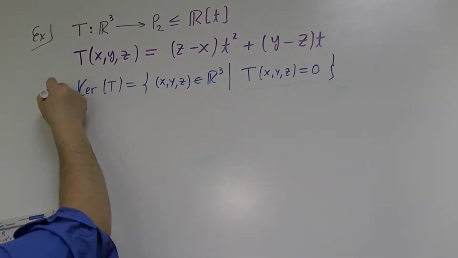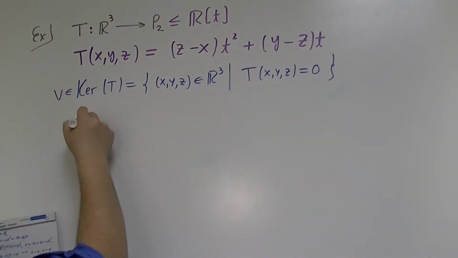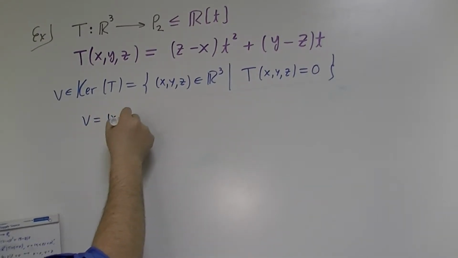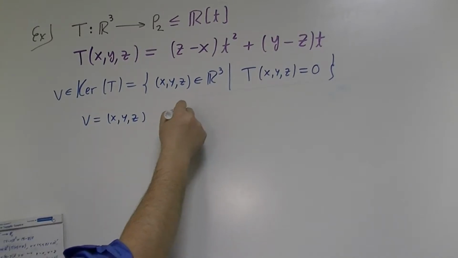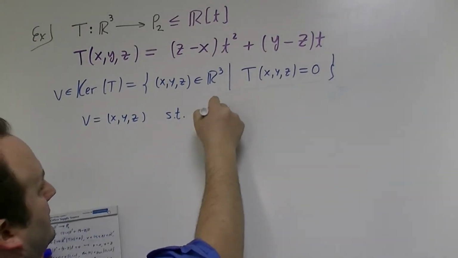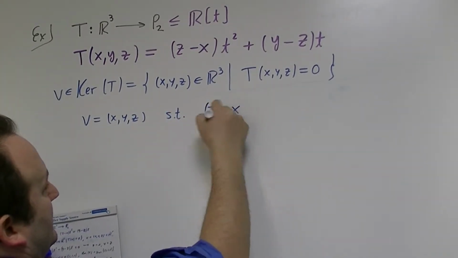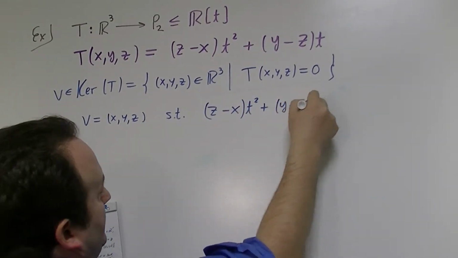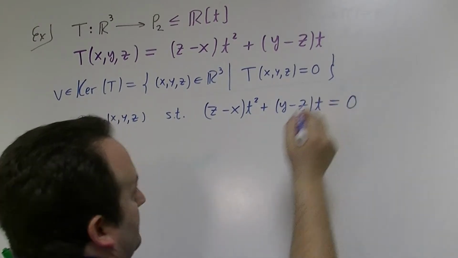So if I call that thing v, v is equal to x, y, z such that z minus x times t squared plus y minus z times t is equal to 0.